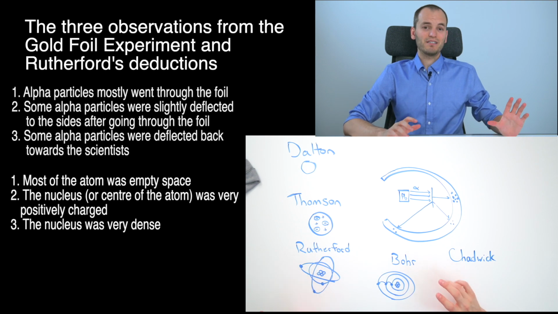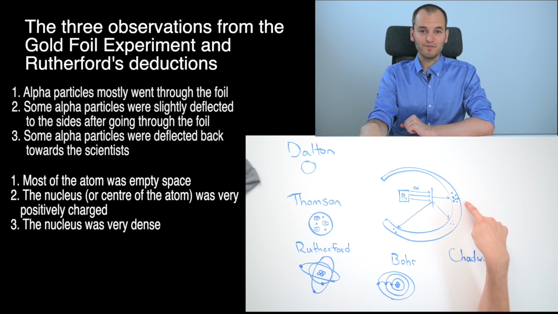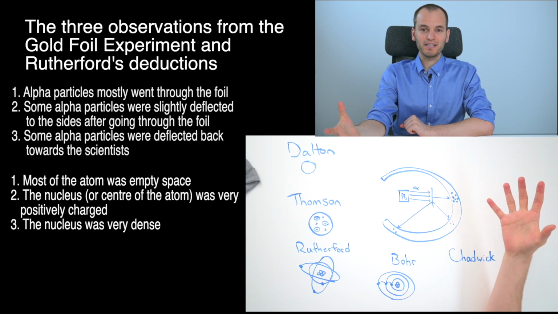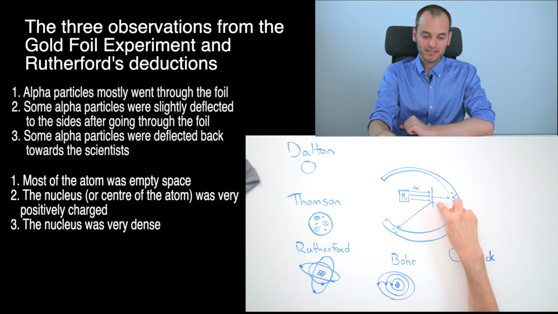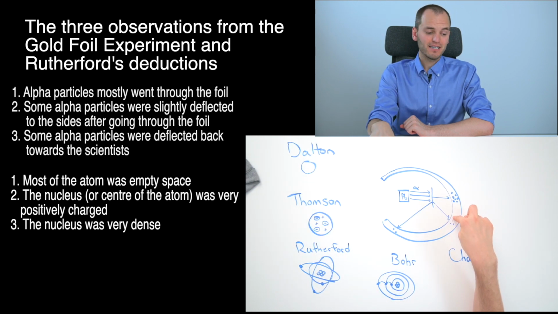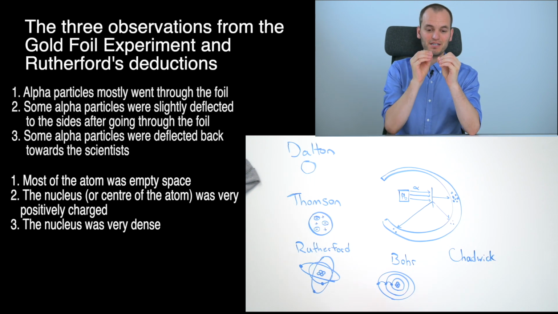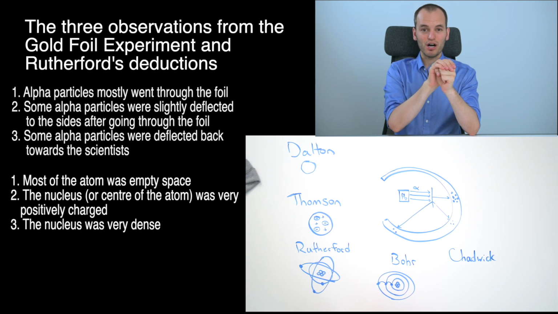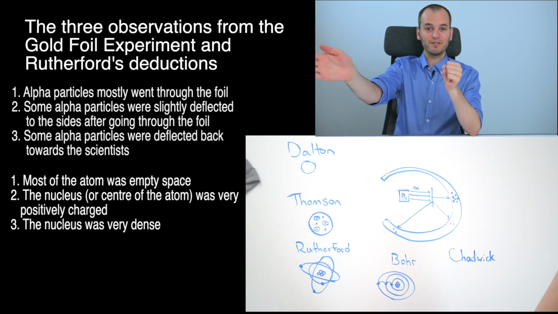How he came up with these three things is most of the alpha particles went through the gold foil, which means most of the space was empty. They didn't hit anything and they went straight through. Some got deflected. This means that the alpha particles that are very positive came near the nucleus, and very positive alpha particles beside a very positive nucleus will repel and get deflected away.